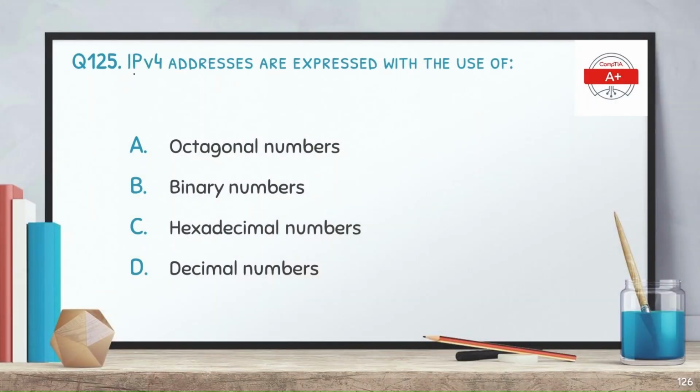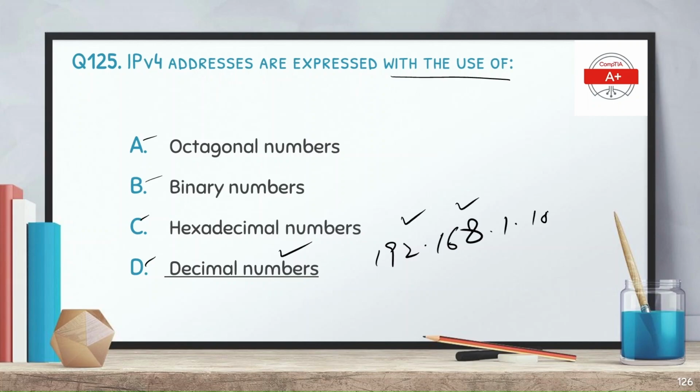Question number 125: IP version 4 addresses are expressed with the use of, options are A. Octal number, B. Binary number, C. Hexadecimal number, and D. Decimal number. And the correct option is decimal number, because when we write an IP address like this, these are all decimal numbers.